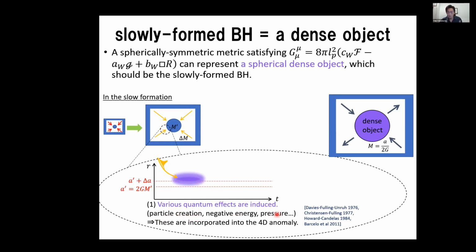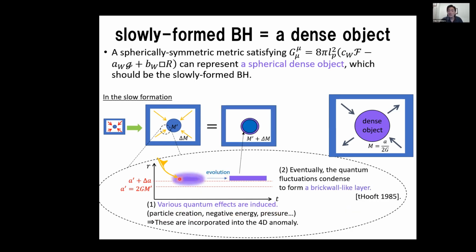Finally it can evolve like this, and a brick-like layer can be formed, just as suggested by 't Hooft. Repeated again and again, we get this one. This is a very intuitive picture.